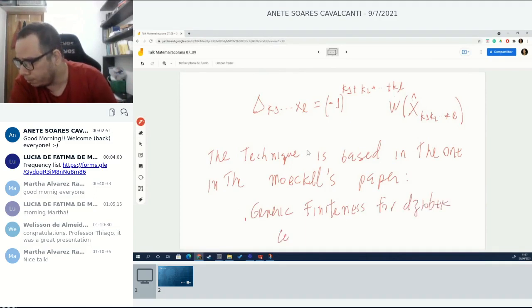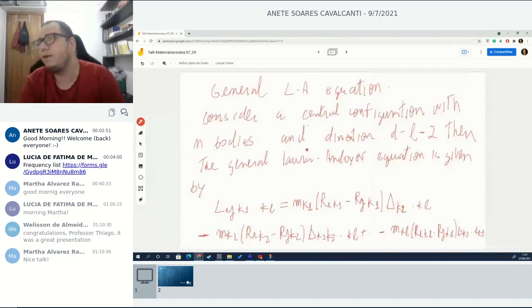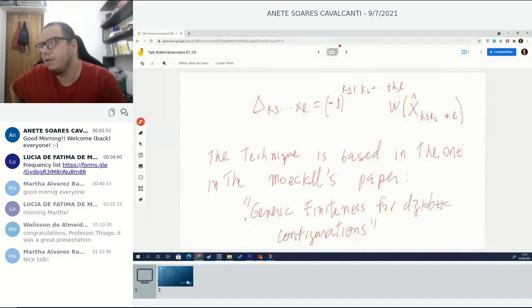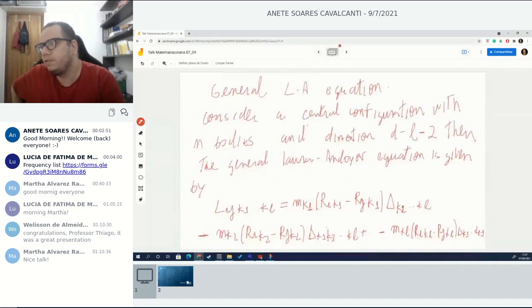For the Dziobek configurations, you need to take care with the wedge product, with the signs, and these guys use this minus 1 to the power, normalize the signs, and you can consider this general Laura-Andoyer equation.